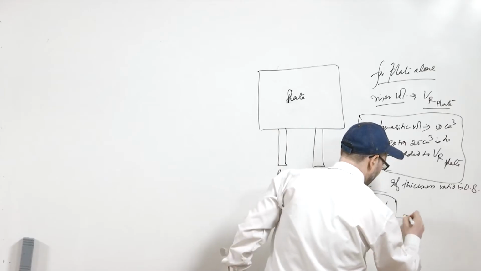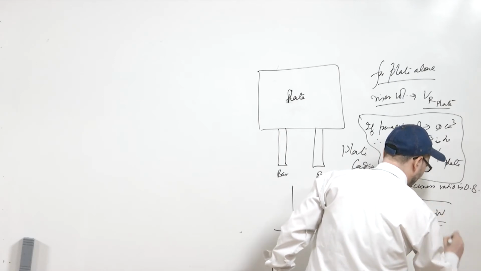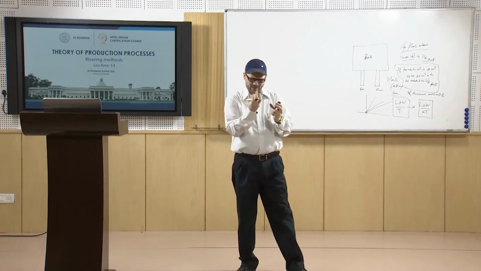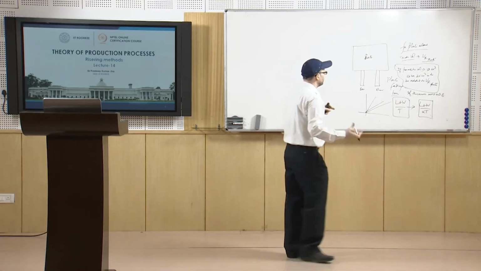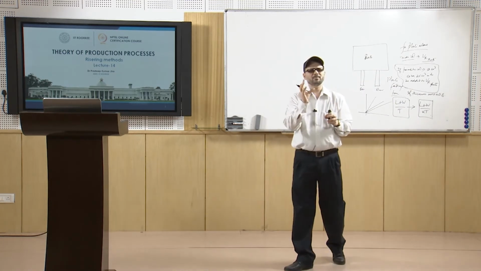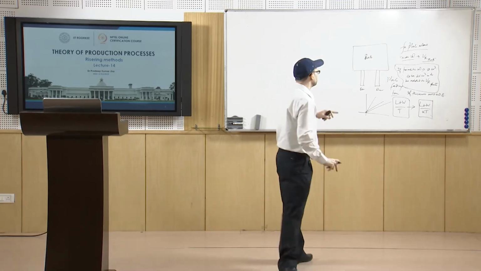This is changed to L plus W by KT, and this value K comes from this table, because when you have a core, some effective surfaces cannot be considered as surfaces which are extracting the heat. So depending upon the diameter of the core, this correction is to be incorporated.